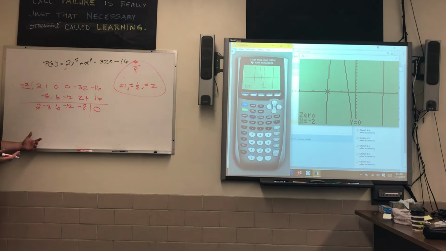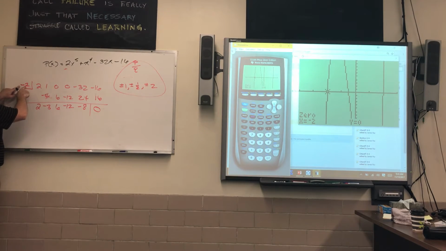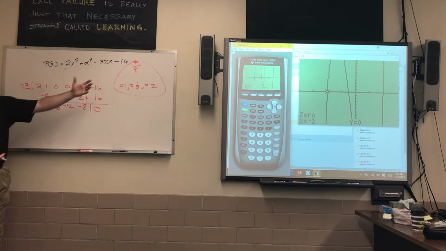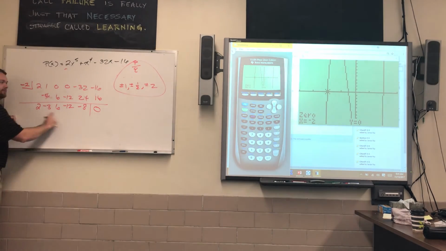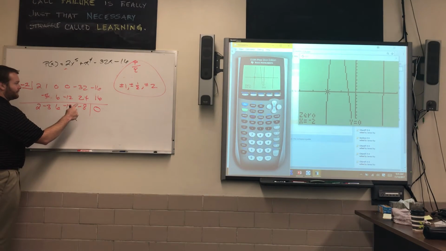Now here's another thing. This was a negative number, right? This is another situation where we kind of dealt with upper and lower bounds initially with this problem, but if I look at this quotient line, positive, negative, positive, negative, what happened?